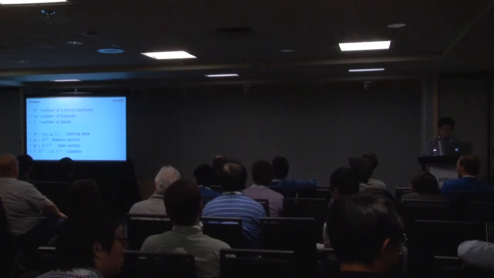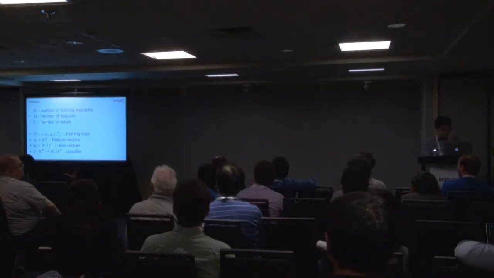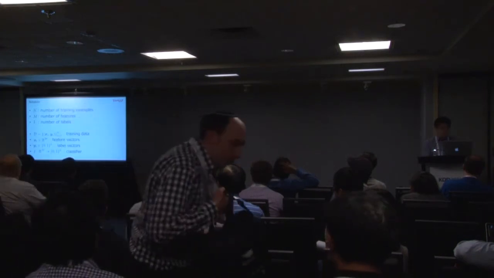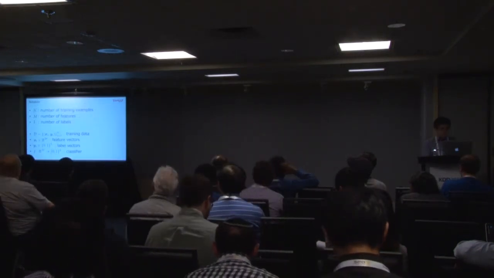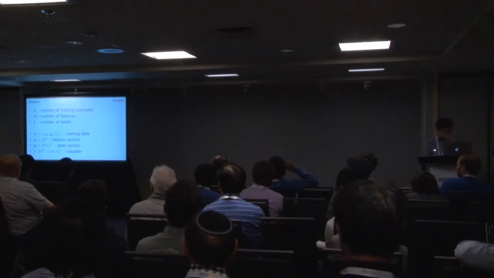Before presenting the details, we show our notation. N, M, and L are the number of training examples, features, and labels. So training data, feature vectors, label vectors, and classifier are represented like this.